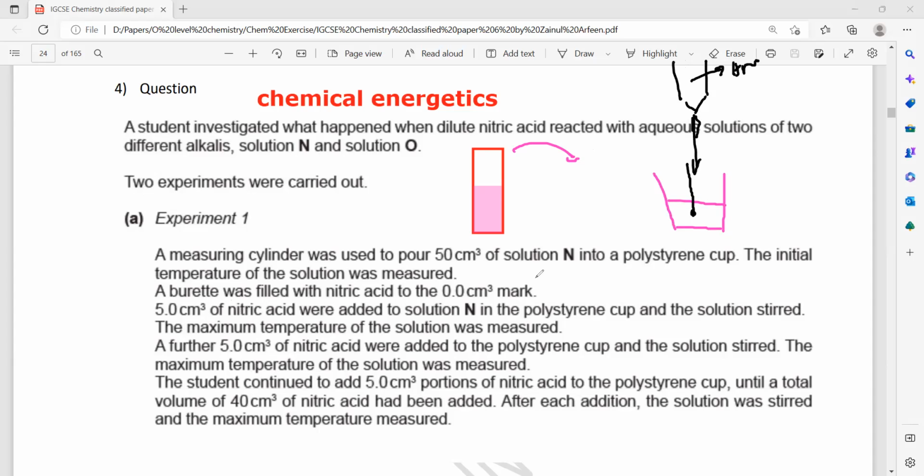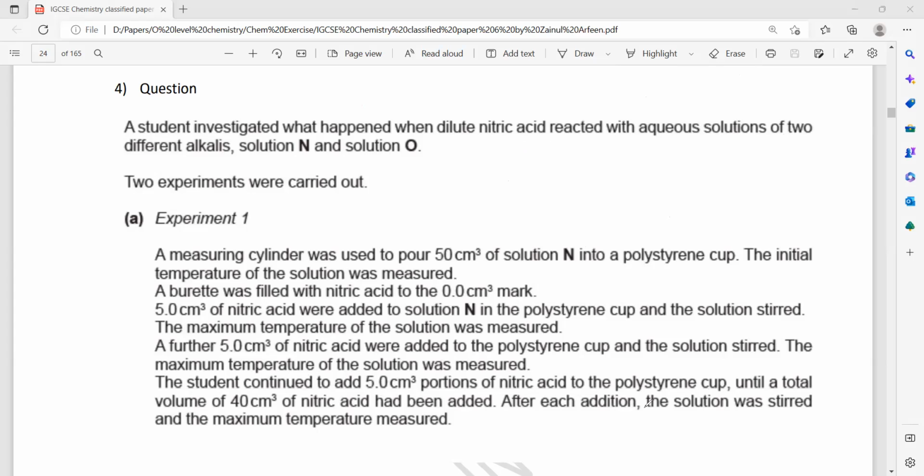The polystyrene cup and solution were stirred, and a further 5 cm cube of nitric acid was added. After each addition, the maximum temperature was measured. The student added 5 cm cube each time until the total volume reached 40: 5, 10, 15, 20, 25, 30, 35 and 40. After each addition, the solution was stirred and the maximum temperature was measured.